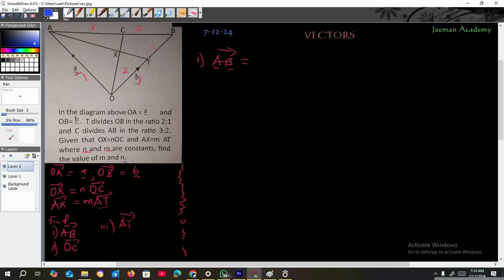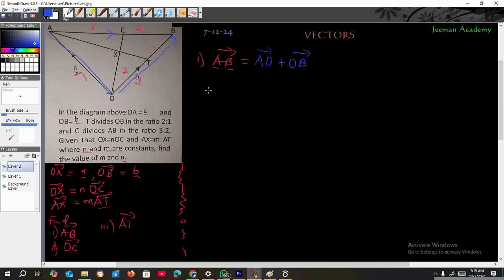We are moving from this point A all the way to point O, then from point O all the way to point B. So that's what is going to give us this vector AB from A to B. So AB is the same as moving from A to O plus then moving from O to B. We add the two vectors.